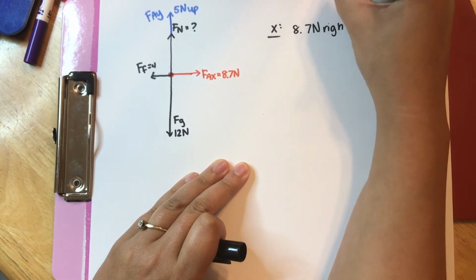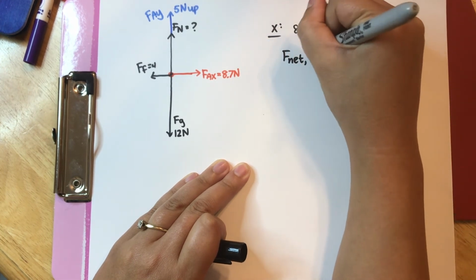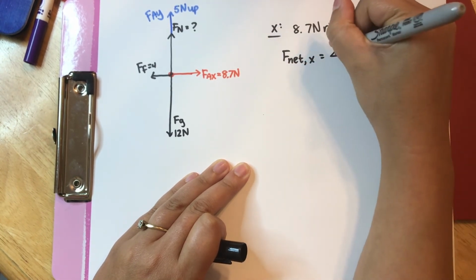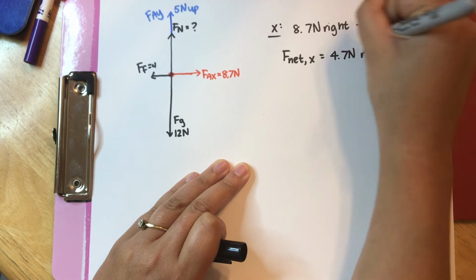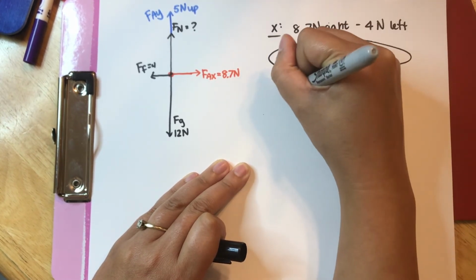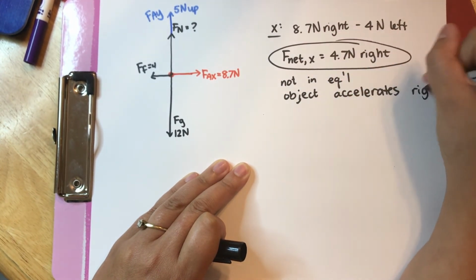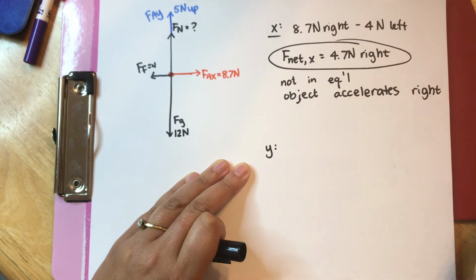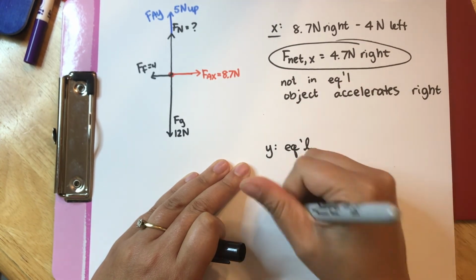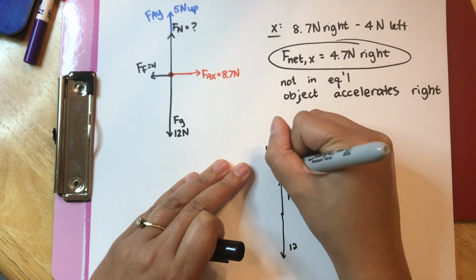In the x direction, I can see that the net force is 8.7 newtons to the right minus 4 newtons to the left. This object is accelerating to the right. It has a net force of 4.7 newtons to the right, so it is not in equilibrium. But in the y direction, it should be in equilibrium. If I'm pulling a box to the right, it shouldn't be sinking into the ground or floating up into the air.